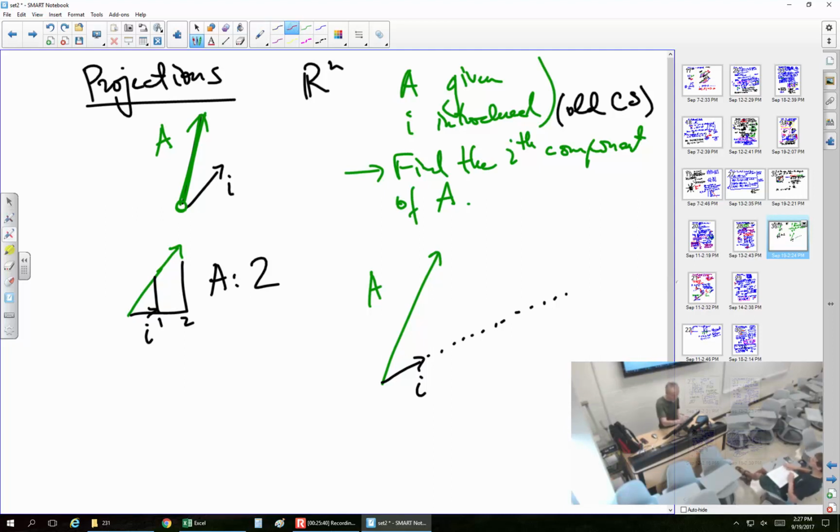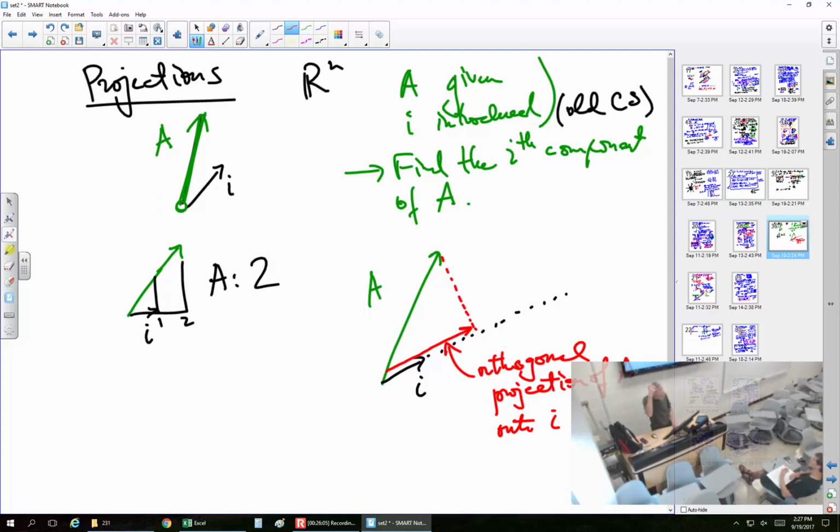And then what I'm looking for is this, which is called the orthogonal projection of A onto I. The length, or rather how many times I fits into this projection, will give you the coordinate or component of A with respect to this new system of coordinates.